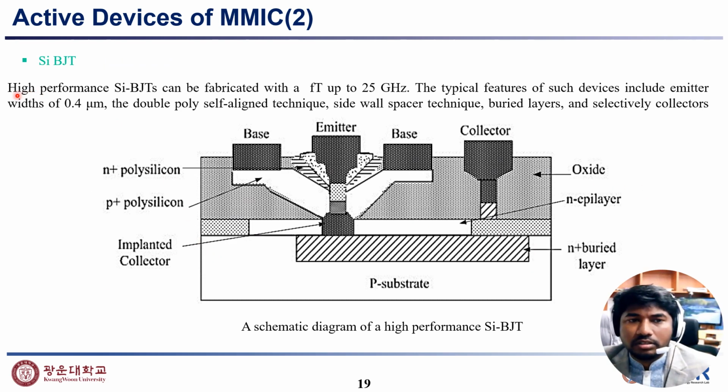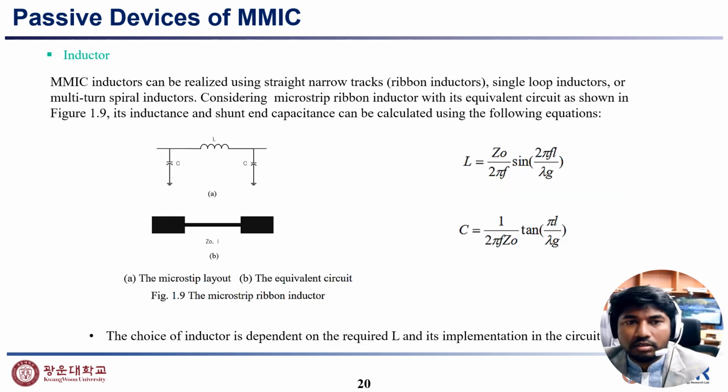Silicon bipolar junction transistors of high performance can be fabricated with an FT up to 25 gigahertz. The typical features of such devices include an emitter width of 0.4 micrometer, the double poly self-aligned technique, sidewall spacer technique, buried layer, and selective collector. And this is the schematic diagram of a high performance silicon BJT.